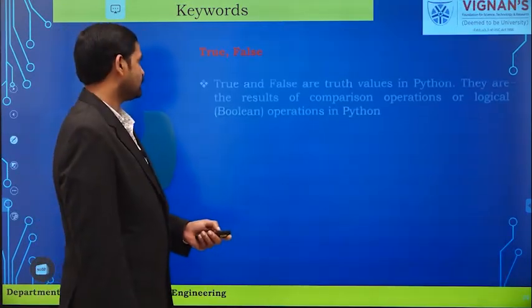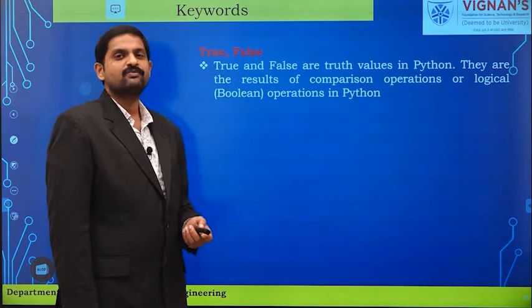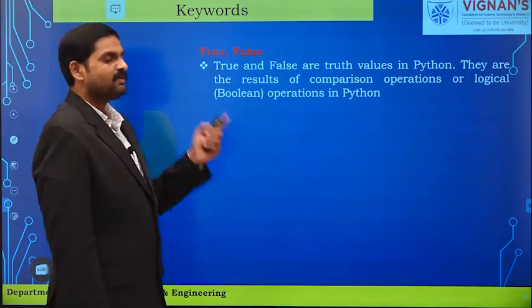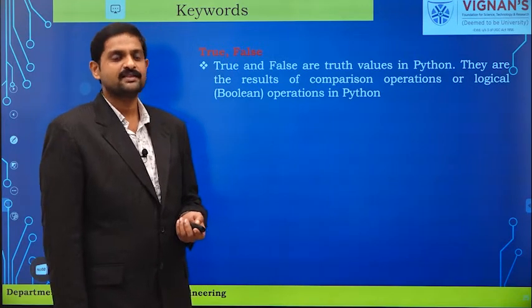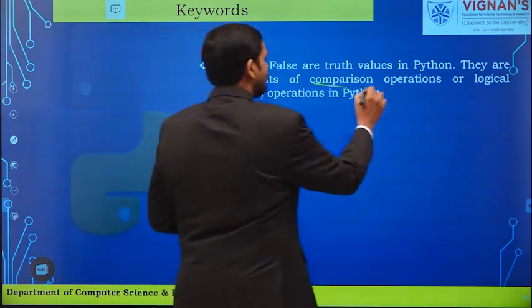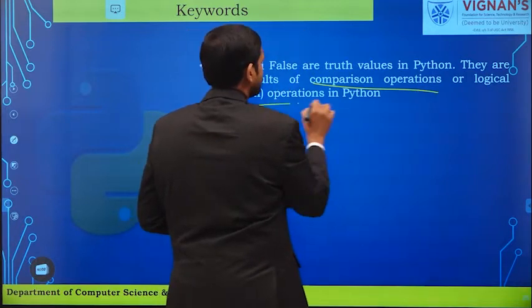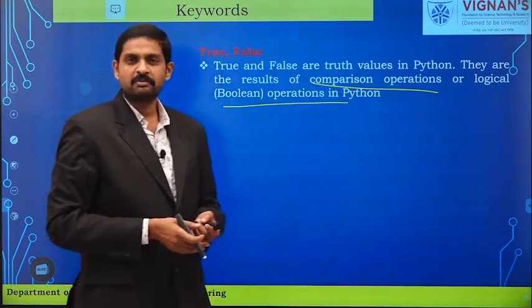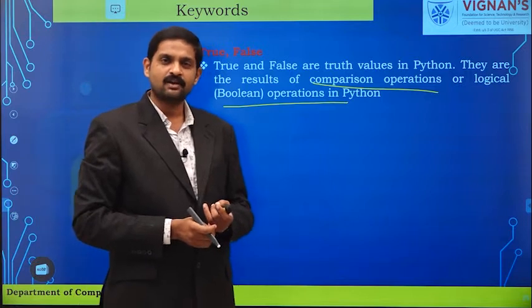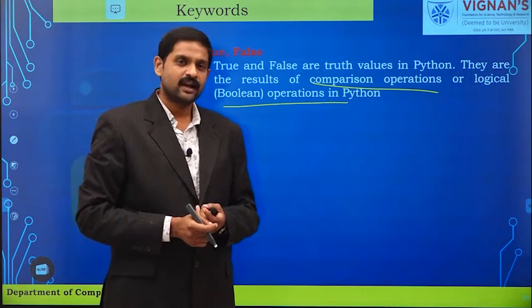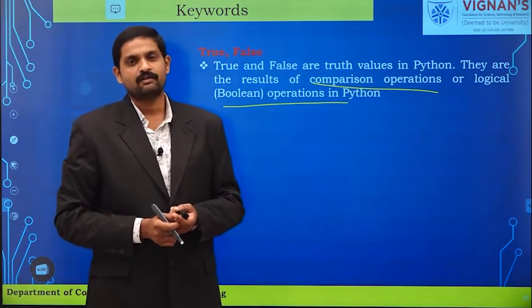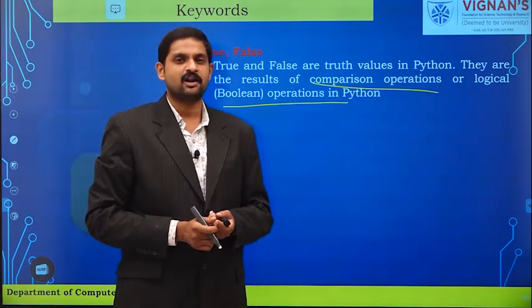First one, True, False. True and False are the truth values in Python. They are the results of comparison operations and logical operations. Do you remember what the comparison operators are? Yes, greater than, less than, equal to are the comparison operators.